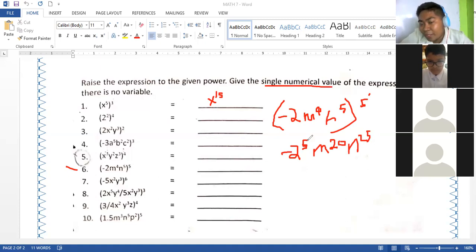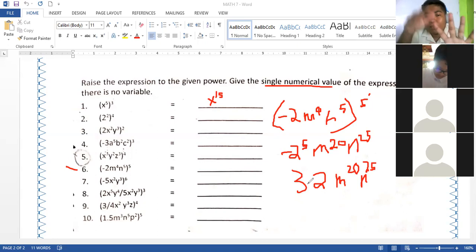We have negative 2 raised to 5. That would be negative 2 times negative 2 times negative 2 times negative 2 times negative 2. Ilan yon? So, 2 times 2 times 2 times 2 times 2. That would be 32. What would be the sign of 32 pala?